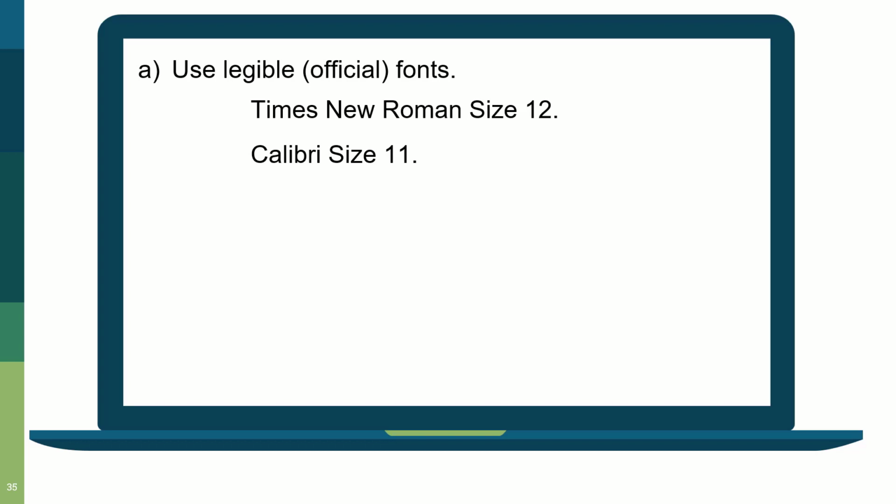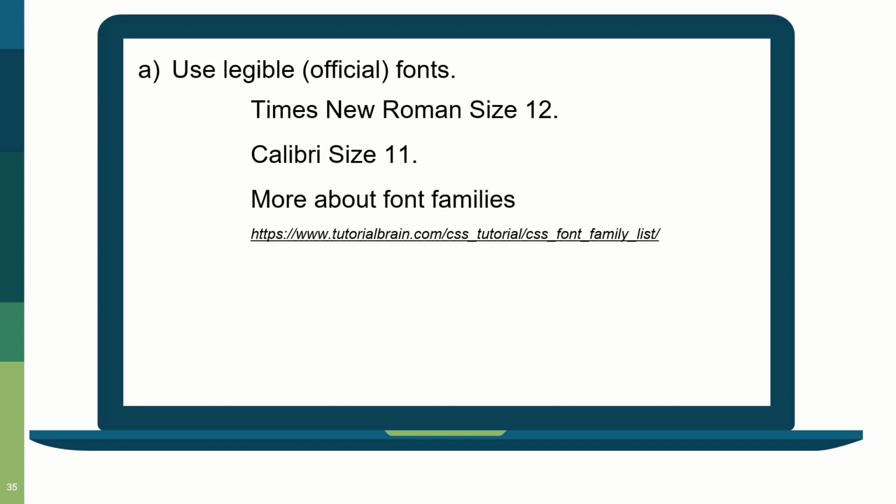If you'd like to read more about font families, you can use this link. It will provide you with many font families that you can use in your email and even other official documents. So when you're writing your professional email, or an email to a friend, please use fonts that are legible and very easy to read.